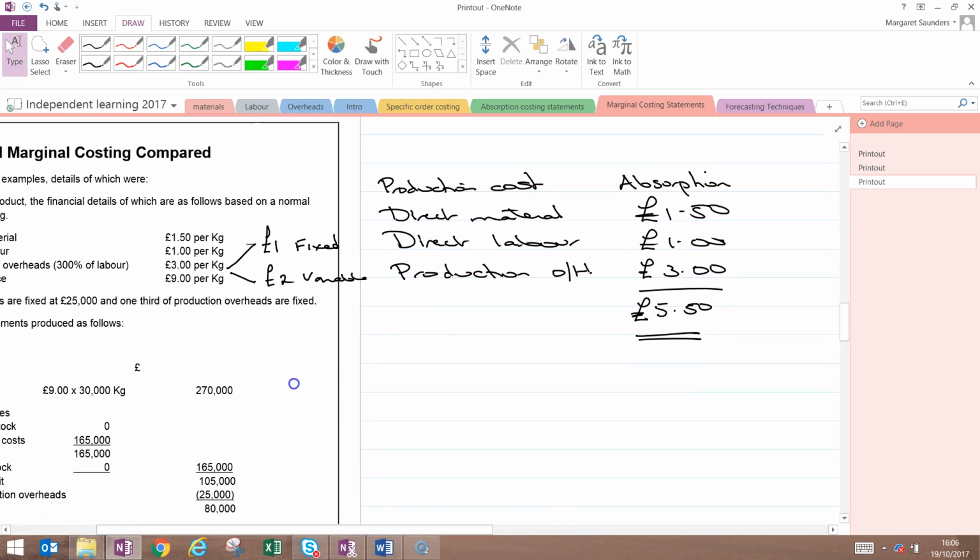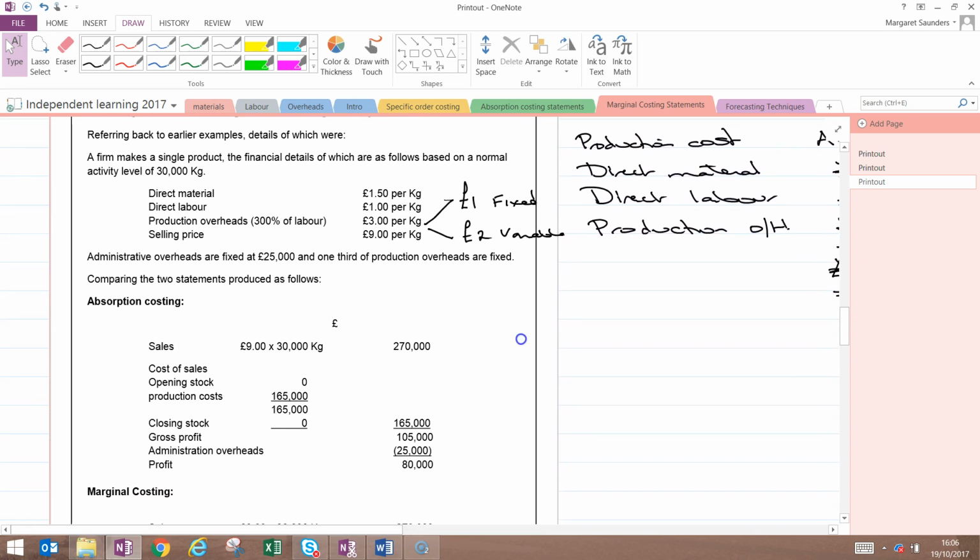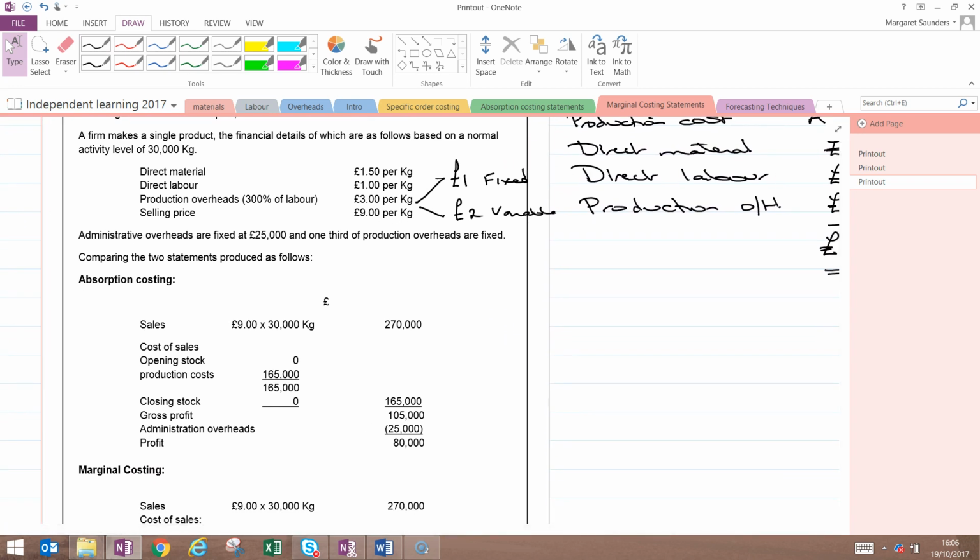So now let's look at the statements. You should now be familiar with the preparation of these statements, so I'm just going to talk through the figures that are within it. So it's 30,000 kilos, selling price of £9. So the sales revenue, 30,000 times 9 gives £270,000.